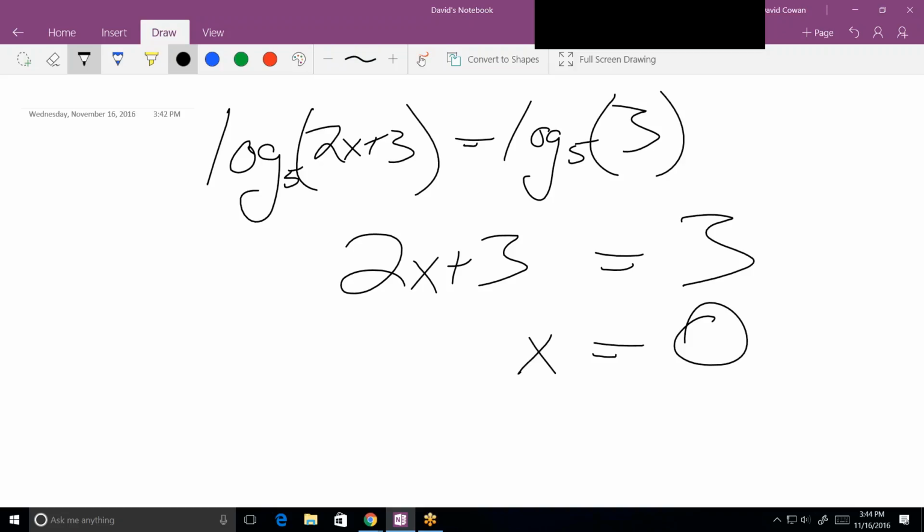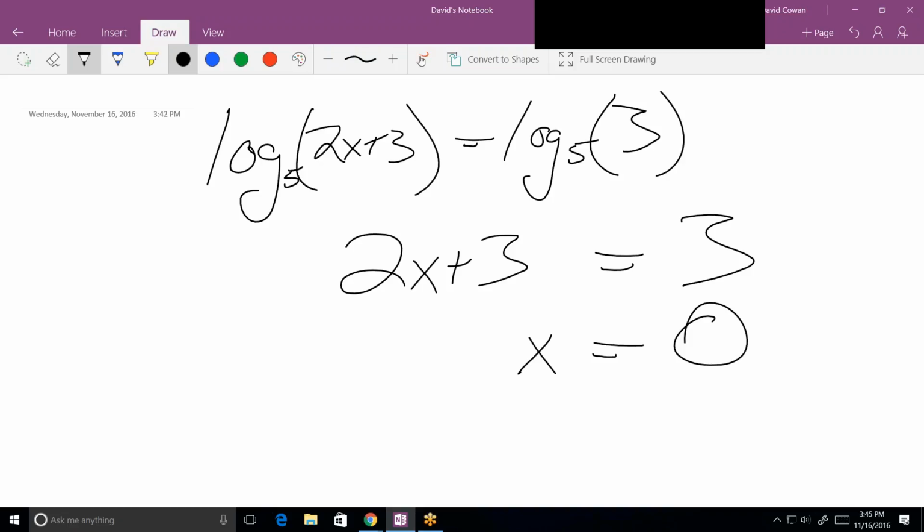So it's extraneous? Well, with log equations, always check to see whether your solution violates the domain. In this case, it does not. In other words, when I plug in 0 for x, I get the log of 3. Well, I can certainly take the log of 3.